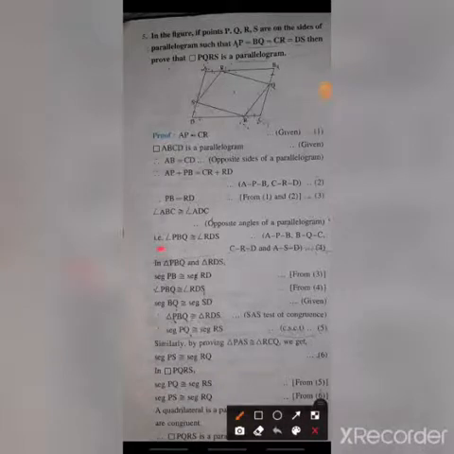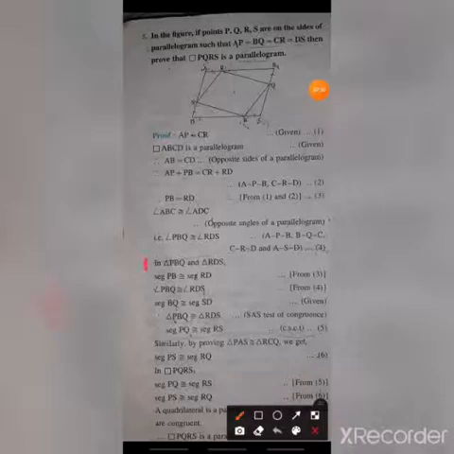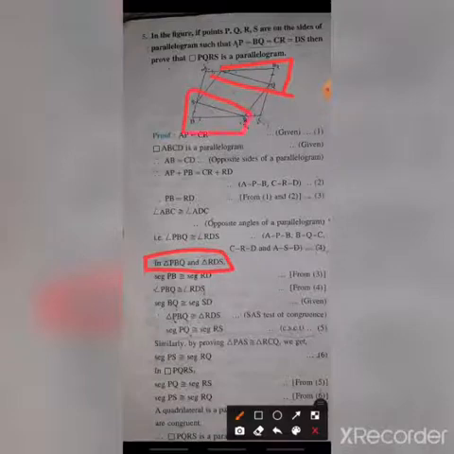Then angle PBQ and RDS are also congruent. Then, in triangle PBQ and RDS, listen properly here, PBQ, this one triangle, and RDS.